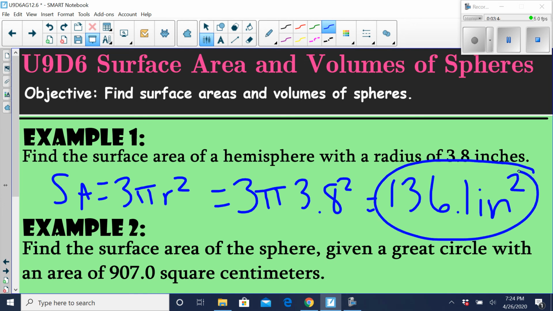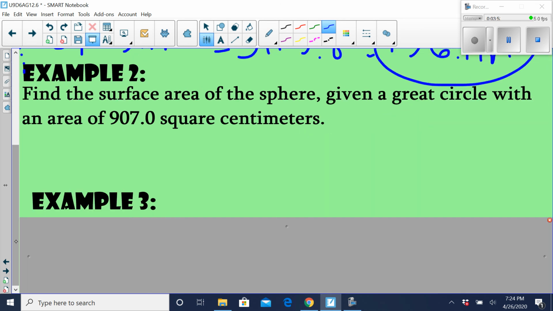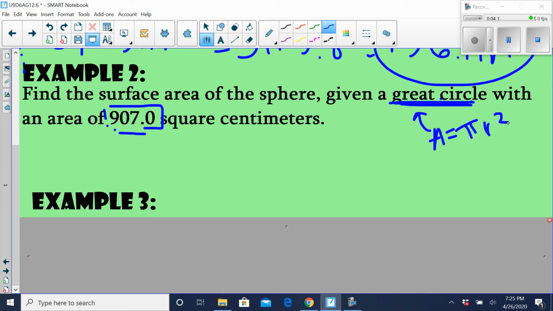Okay, the next one says, find the surface area of a sphere given a great circle with an area of 907. Now, think about this. The last page we said the great circle is just a circle that contains the center. So if I wanted to find the area of the great circle, well, it's really just a circle, right? So area of a circle is pi r squared.